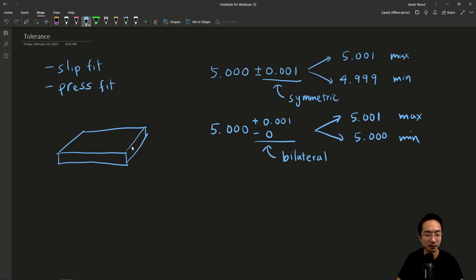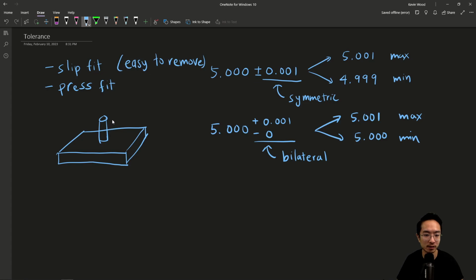And let's say you have a dowel that's trying to fit inside a hole here, and you want it to be a very precise fit, but you also want it to be easy to take out. Okay, so slip fit is easy to remove typically. So you want to have something that's a slip fit.